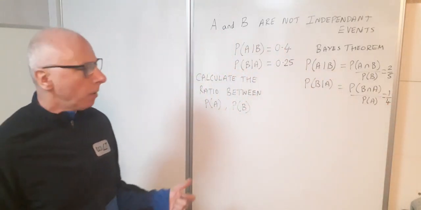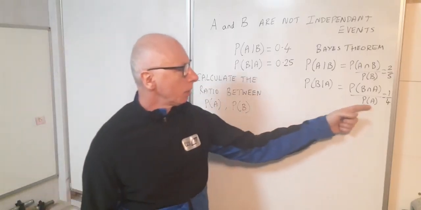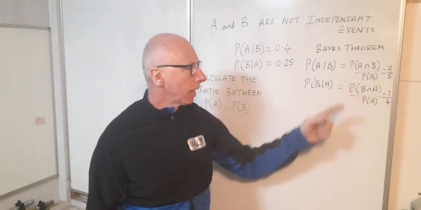Okay, now what can I do next? I've got my probability of A and probability of B, which is what I want. They're in my denominators.